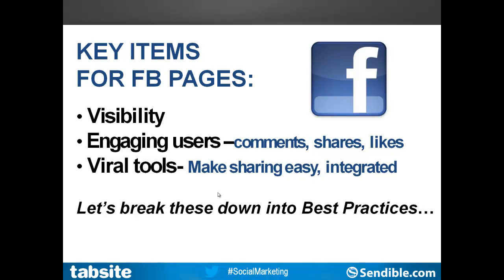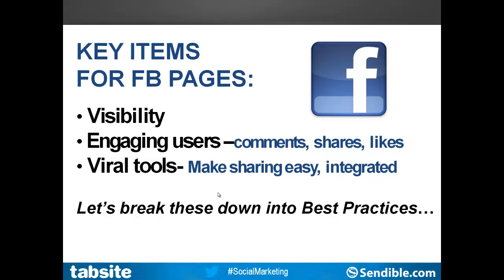The third area, viral tools. Virality plays off of the first two because they have to be seen first. That's visibility, and then you want to get them to engage. That's the next step, and as they engage, their network begins to see it, and that's what we're talking about with viral sharing.